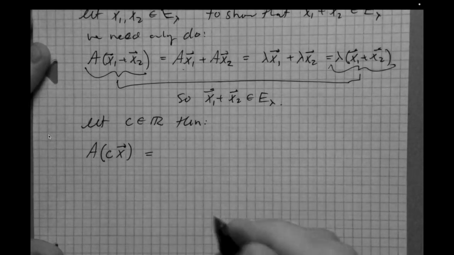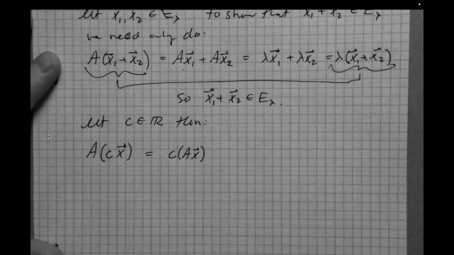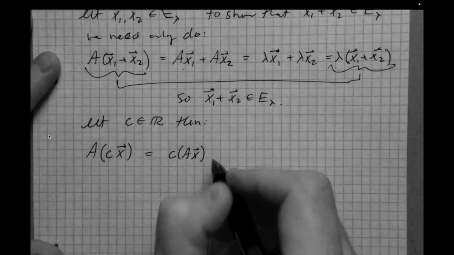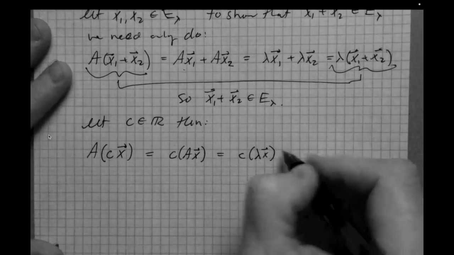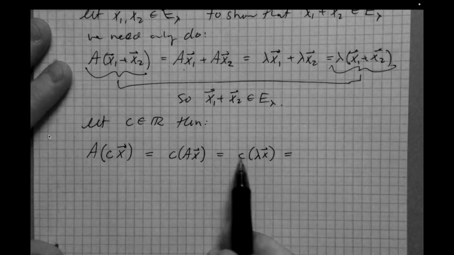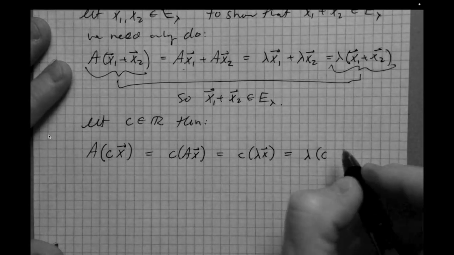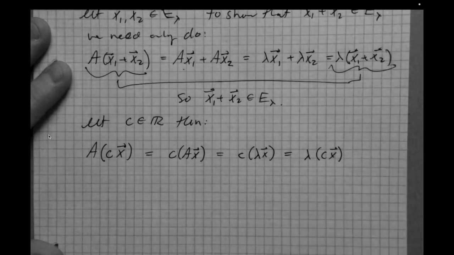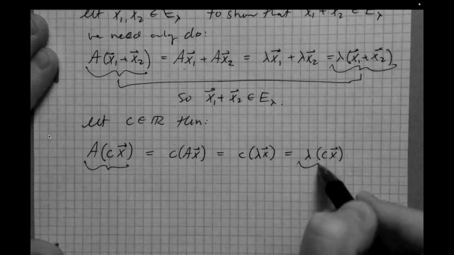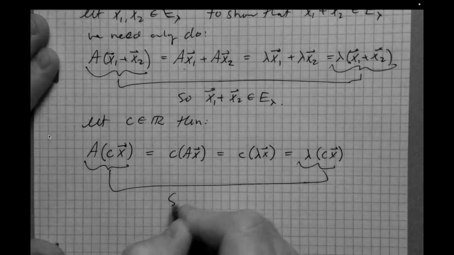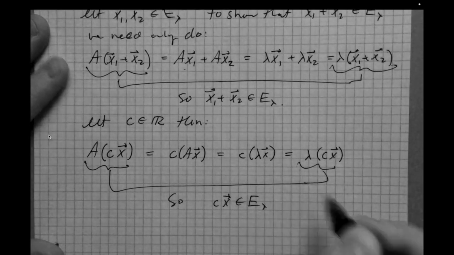So we can write it like this instead, and that of course means that this is equal to c times lambda x, which, now you've just got two scalars here, and so the lambda can be brought out front, the c can be put back in, and you get to this. So here again, A times some vector equals lambda times some vector. So c times x is in E lambda.